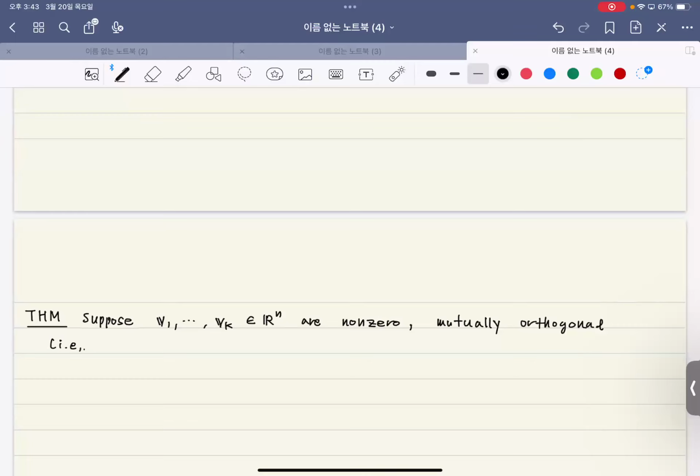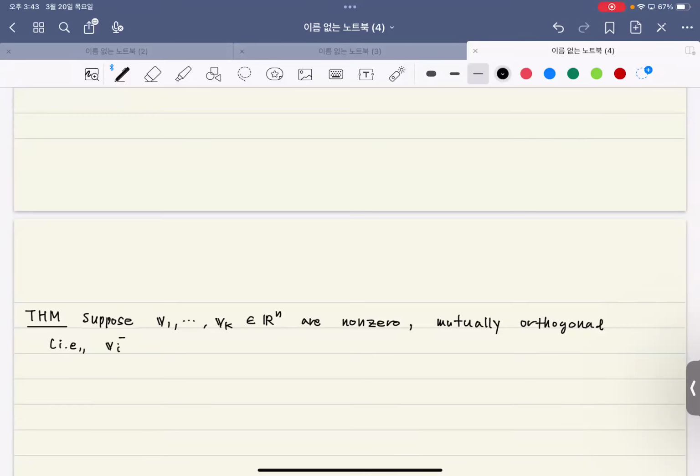By mutually orthogonal, I mean that if you take any pair of vectors from here and take the inner product, it is going to be 0. This condition is what I mean by mutually orthogonal. So I have such k vectors, v1 to vk. Then these vectors are linearly independent.